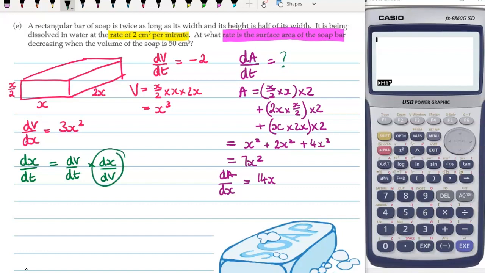Now that one I can get from this. Okay, so this will be minus 2 times 1 over 3x squared, because it's the dV by dx flipped over.